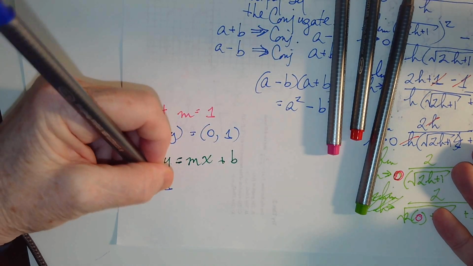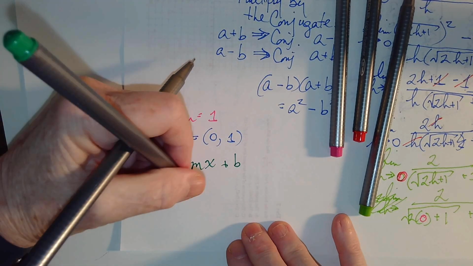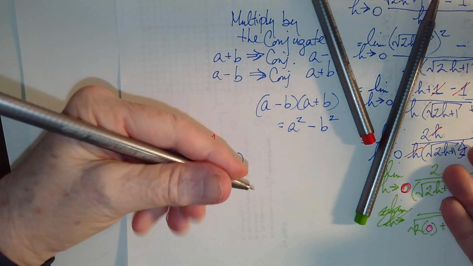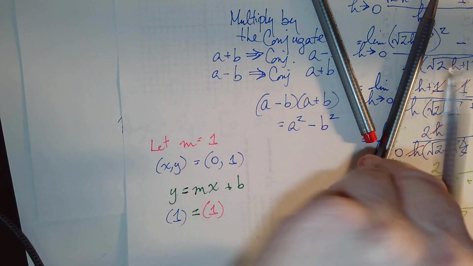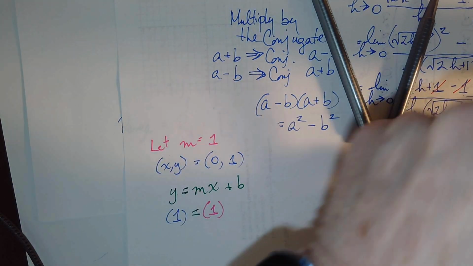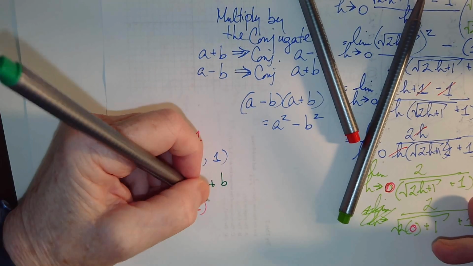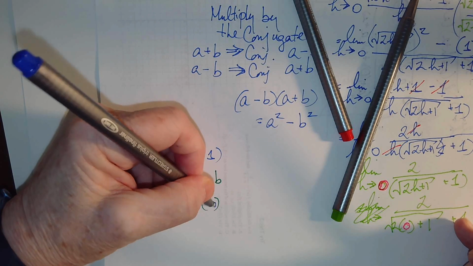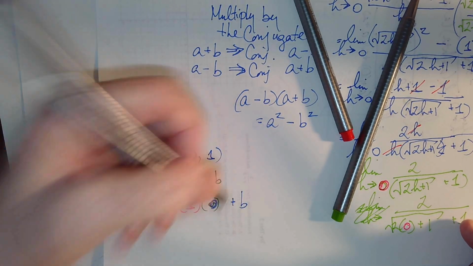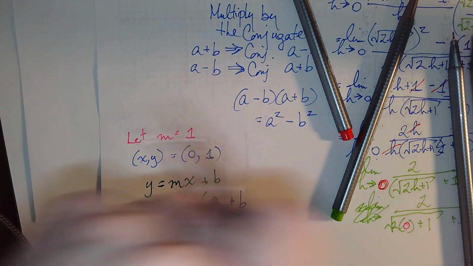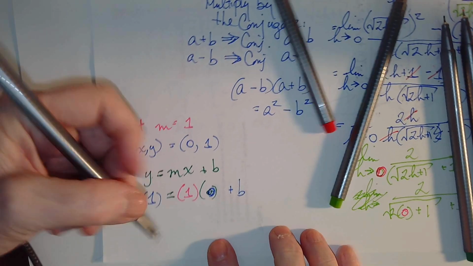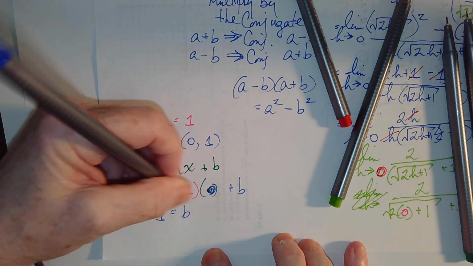Y is 1. M is 1. X is 0. Oh, that should have been blue. That much. And then plus b. 1 times 0 is 0. So we get that 1 is equal to b.